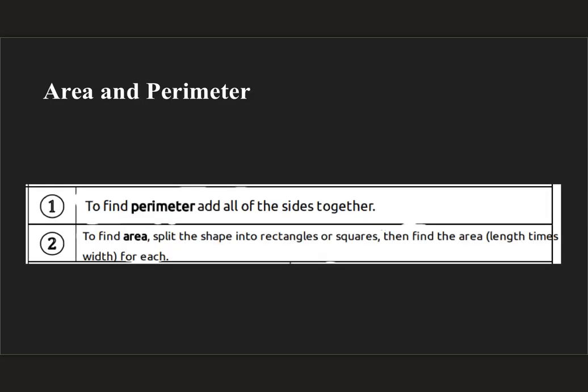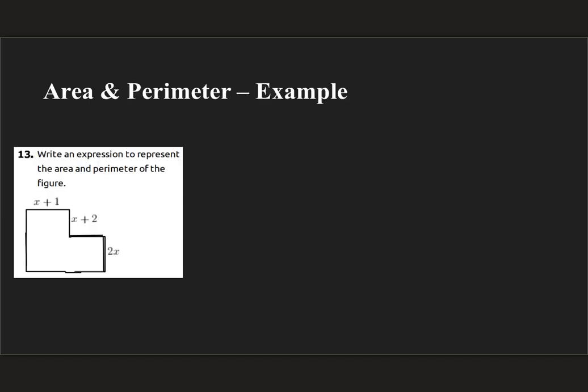Okay, so then we're going to move on to use that information for area and perimeter. To find perimeter, we're going to add. To find the area, we're going to multiply. So for example, we have this expression, and we are going to do that.